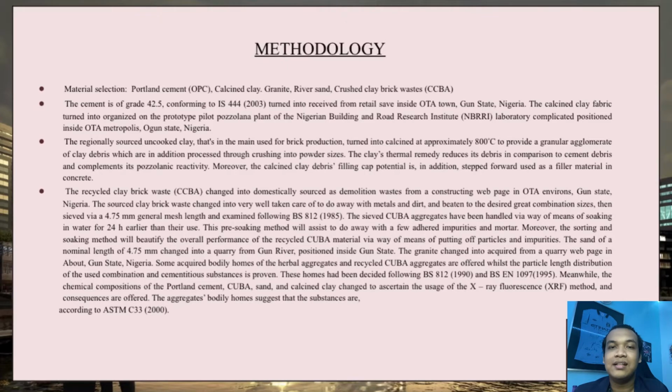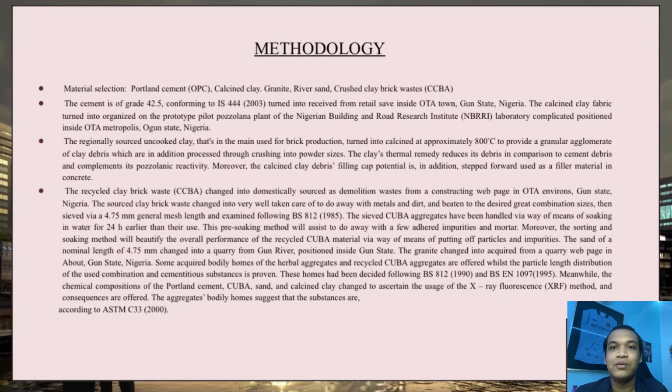The recycled clay brick waste (CCBA) was locally sourced as demolition waste from a construction site in Ota environs, Ogun State, Nigeria. This pre-soaking method will help to remove some added impurities and mortar.